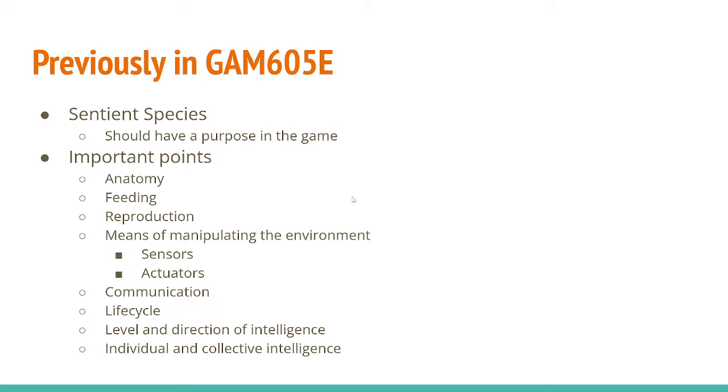So let's first see what we did last week. Last week we talked about sentient species, and we talked about how they can serve a purpose in the game. Because frankly, if we don't have an intelligent species in the game, it will not be worth playing.